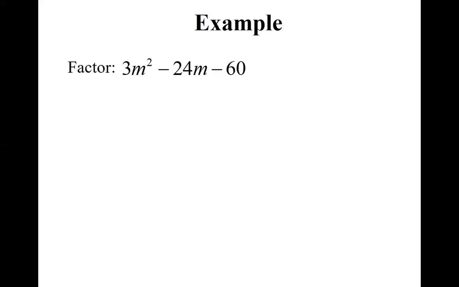So right off the bat, this looks different. We're using m instead of x, but that's not the big difference. This has a 3 in front of the m squared. It's not in the form m squared plus bm plus c.